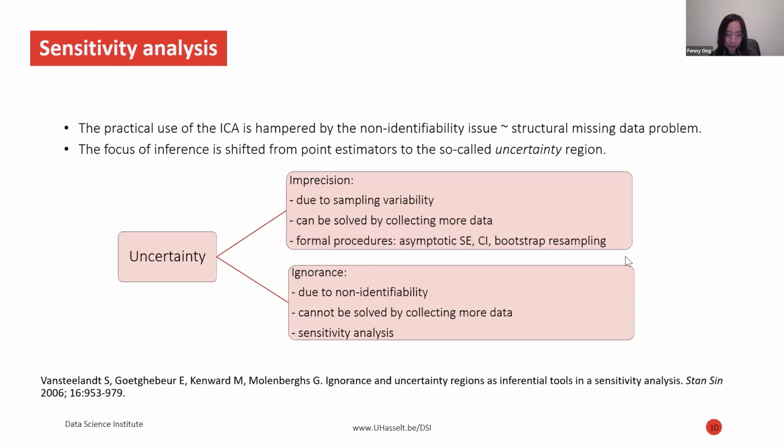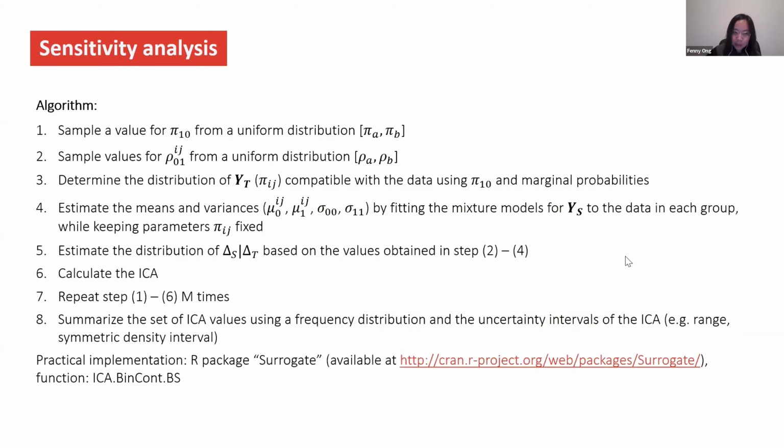So essentially, with the sensitivity analysis, we assess the validity of surrogate endpoints across a large set of plausible distributions of potential outcomes. So this slide shows the algorithm that we follow for the sensitivity analysis. So in step 1 and 2, we basically sample the non-identifiable parameters from a uniform distribution. And in the next 3 steps, we identify the identifiable parameters based on the sampled non-identifiable parameters.